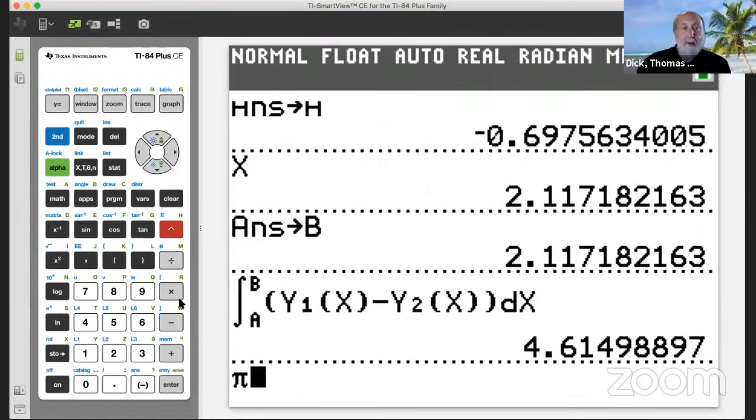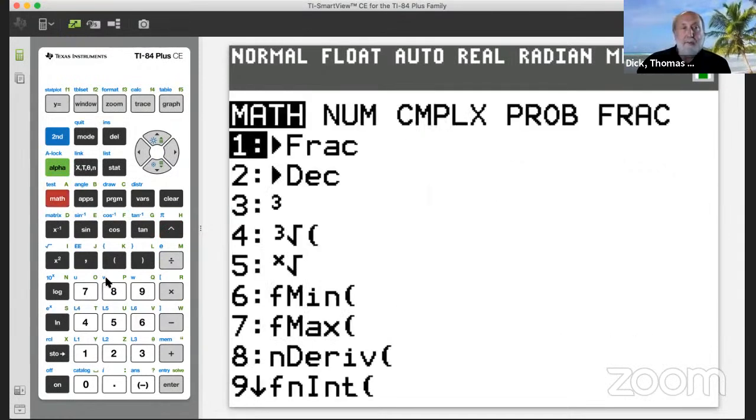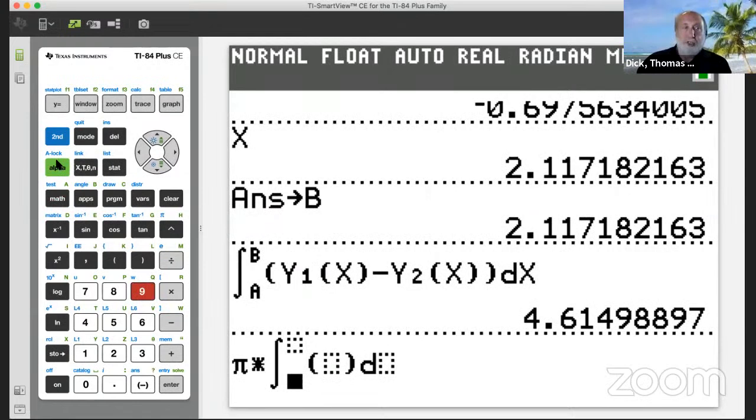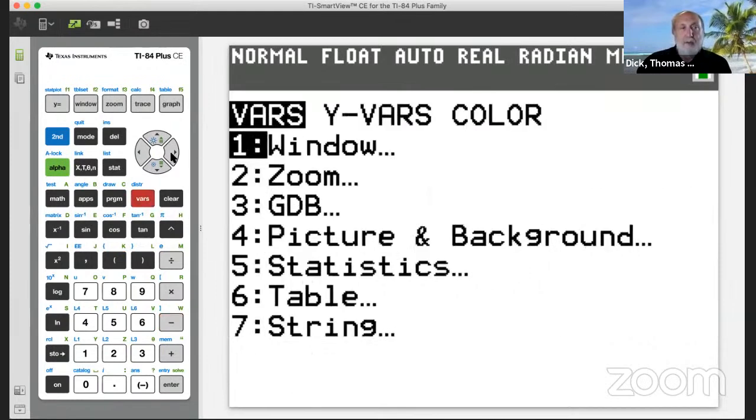And then we'll multiply that by our integral. And again, we'll just go from alpha A to alpha B. It's really nice not to have to type those in. They've been declared once and for all. And now my outer radius is going to be 3 minus our Y2.